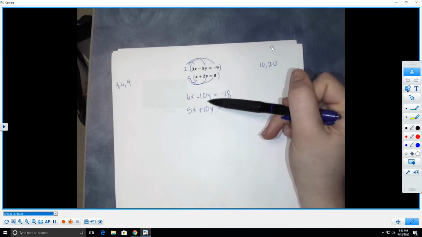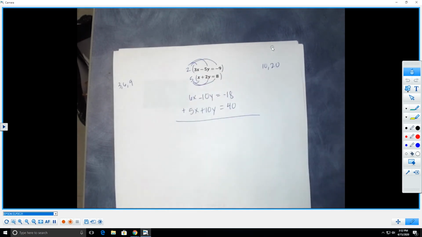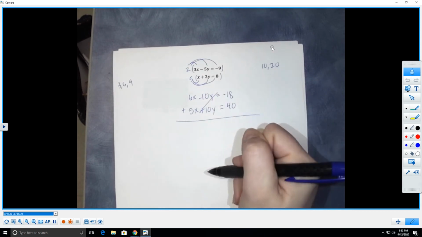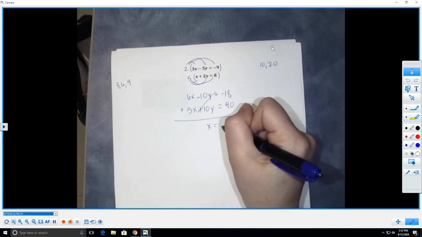Okay, so now they're opposite, the same number but opposite sign, so I can use addition to eliminate the y variable. So when I do, I'm left with 1x equals 22.